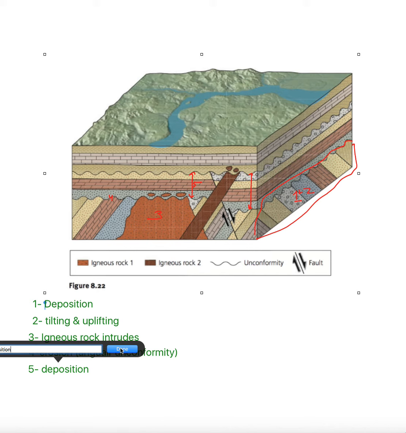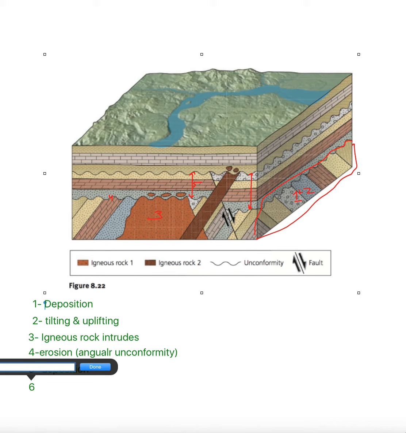of the sedimentary layers. Then I have to figure out, is the fault next or is the igneous intrusion next? Well, I know the fault is next because the igneous intrusion 2 is cutting across the fault. So whatever does the cutting is always younger than what is being cut. So the fault is older since it's being cut.